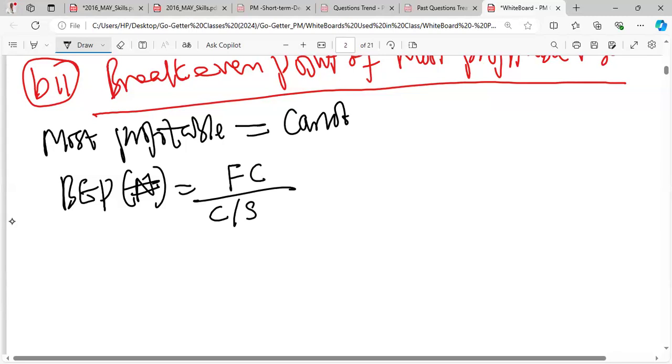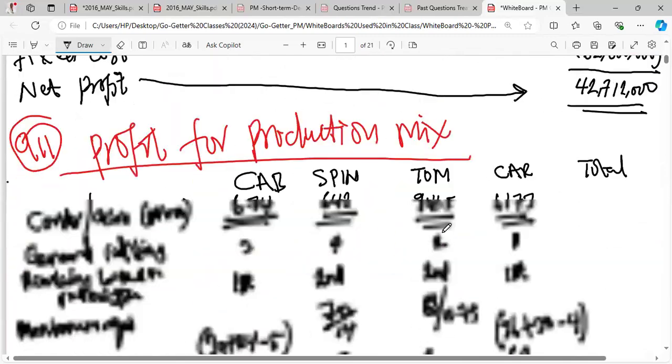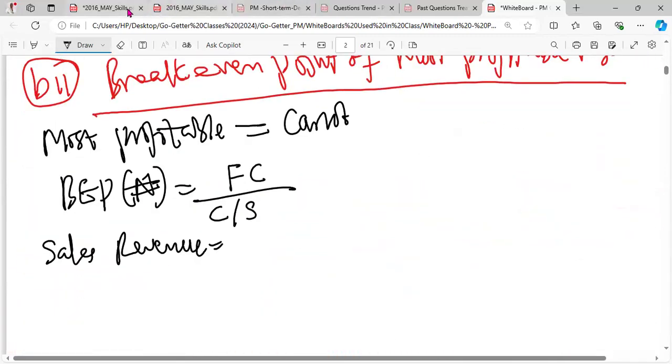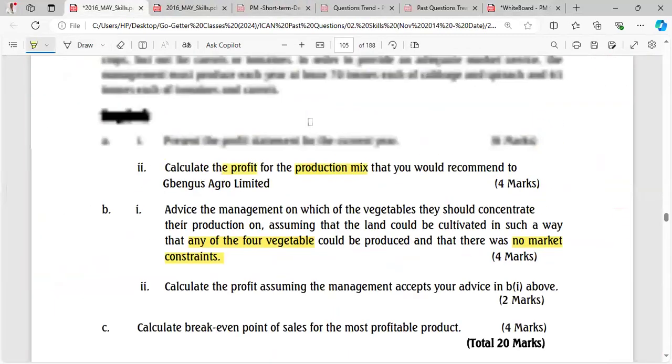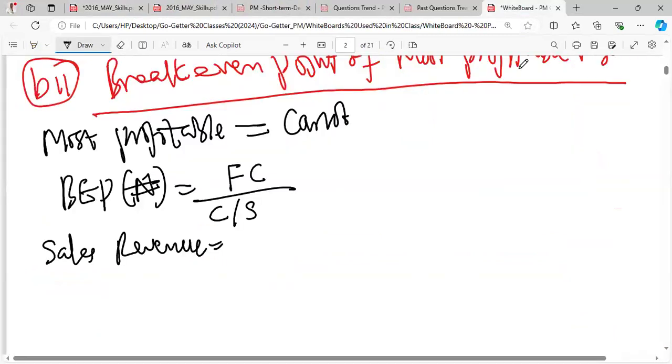So we will say sales revenue is simply what is the selling price for carrots? Let's not go too far. Selling price for carrots here is 81,000.